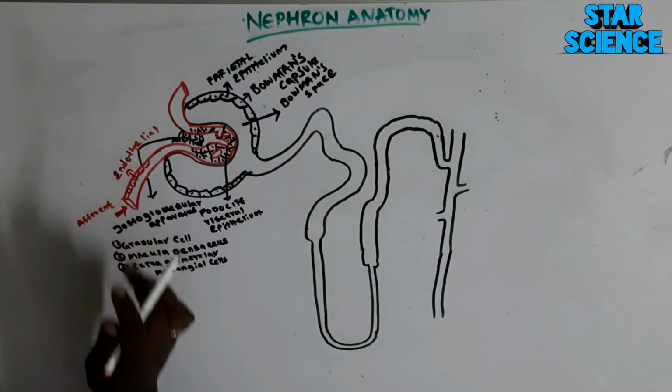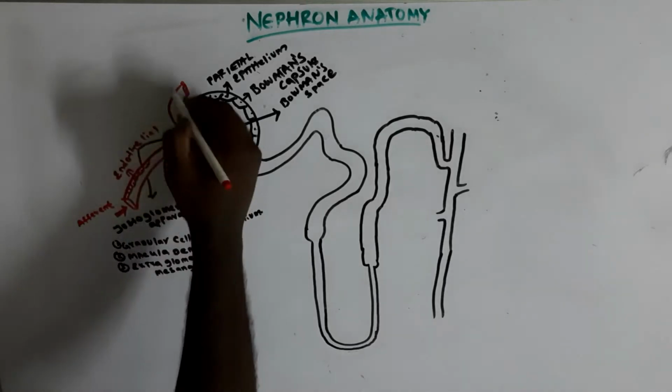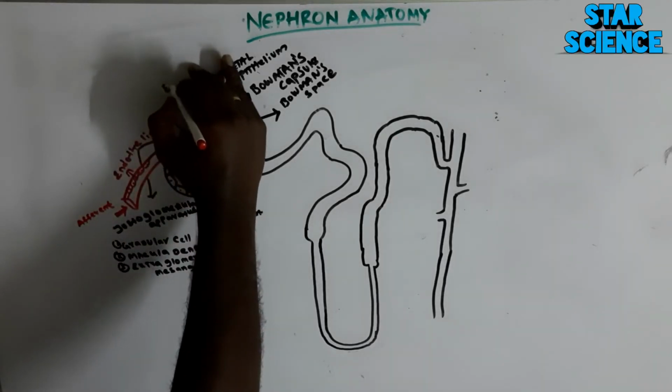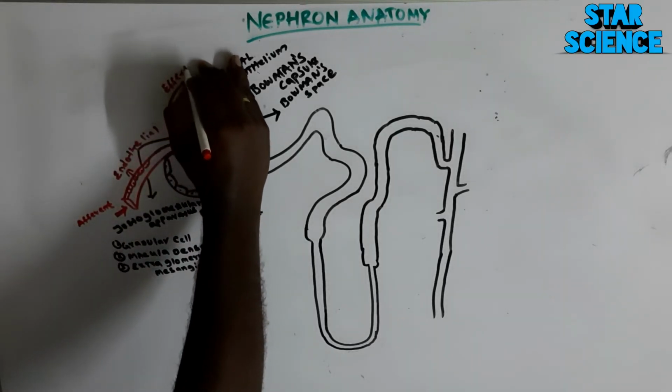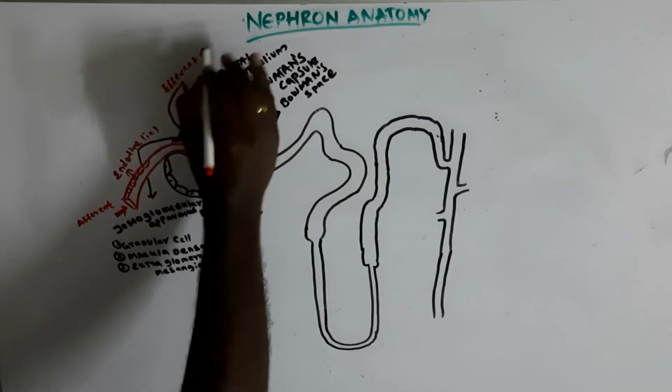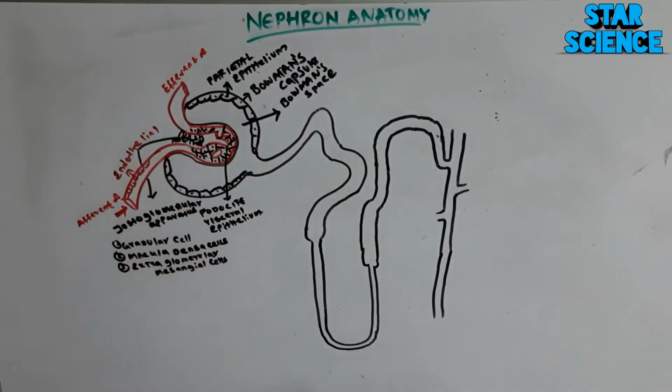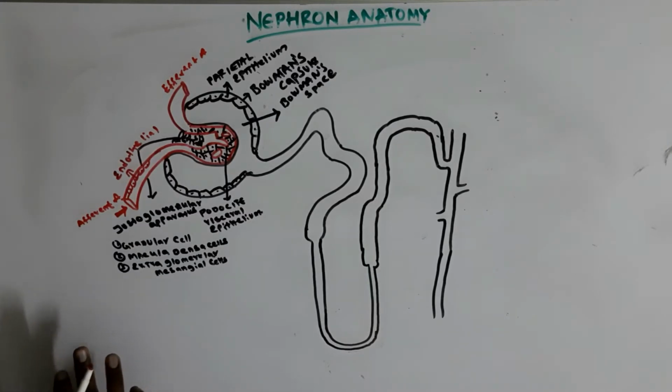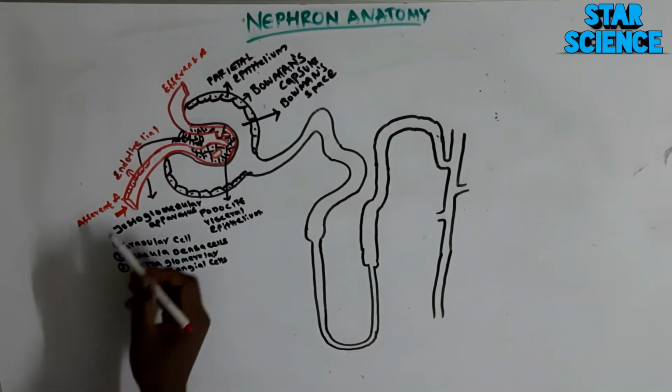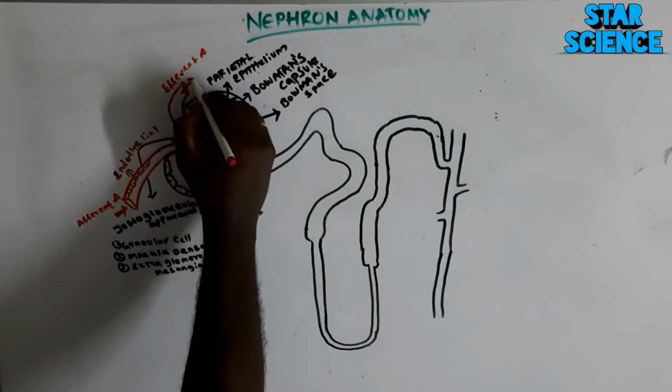So the O2 blood will continuously flow from the afferent to the efferent arterioles and to other parts of the nephron, because the PCT is very much in need of O2 blood. The cells present in the PCT are very much in need of O2 blood. It's very important to remember.